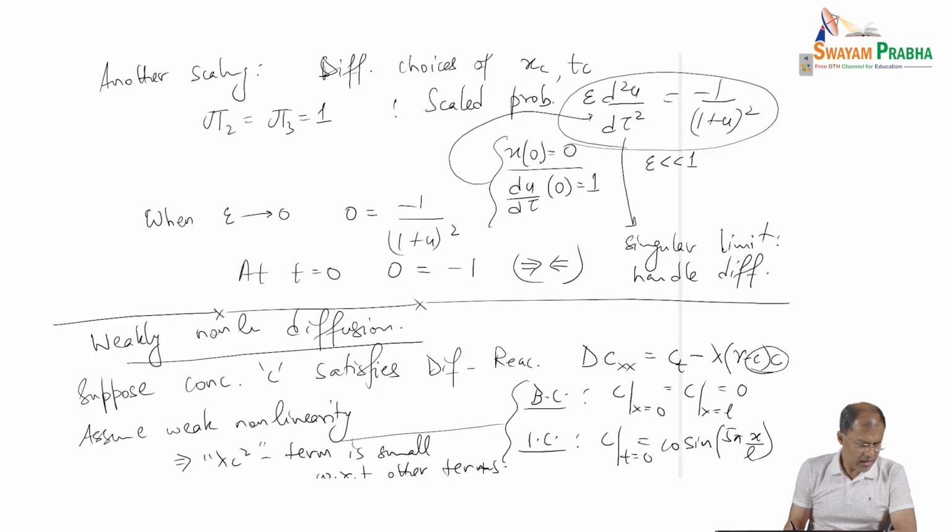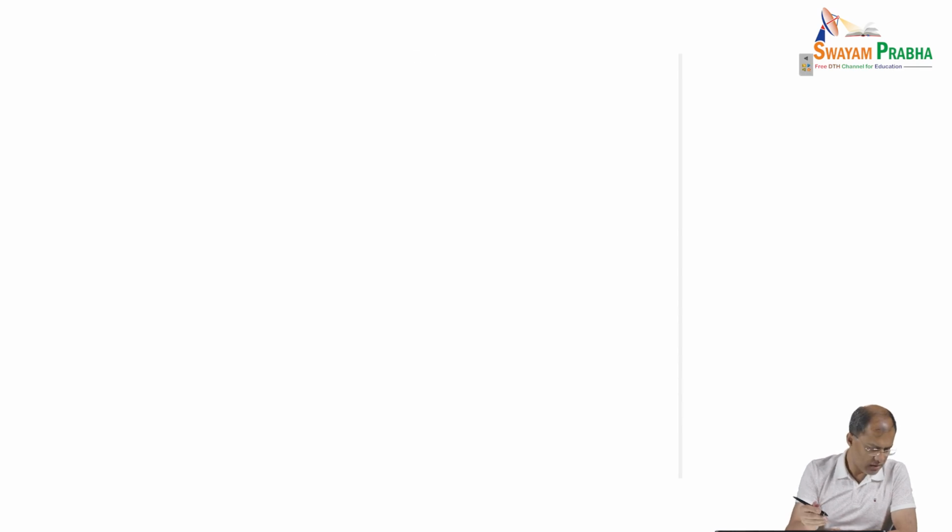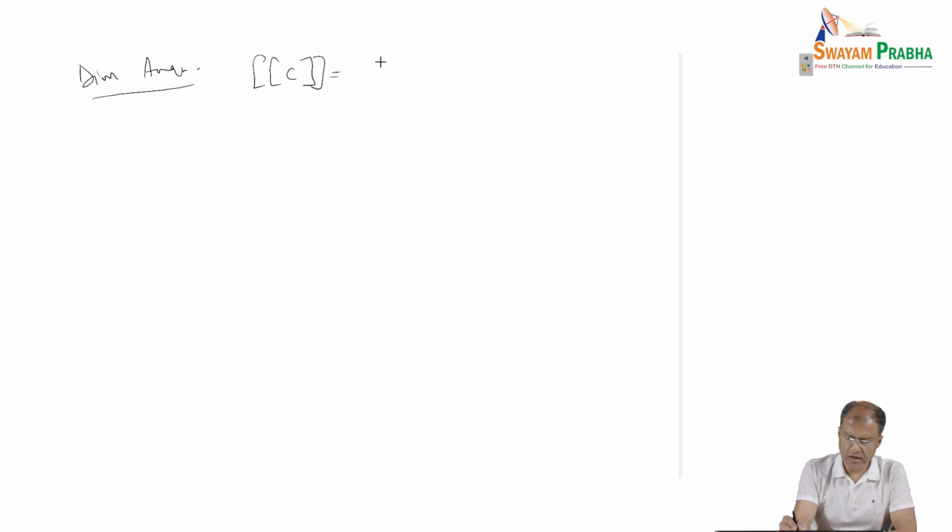Okay, so then we can start the solution to the problem using the standard dimensional analysis and see what similarity variables we get. So let us start with standard dimensional analysis. We see that the dimension of C in this case is 1 over L cube, the concentration.